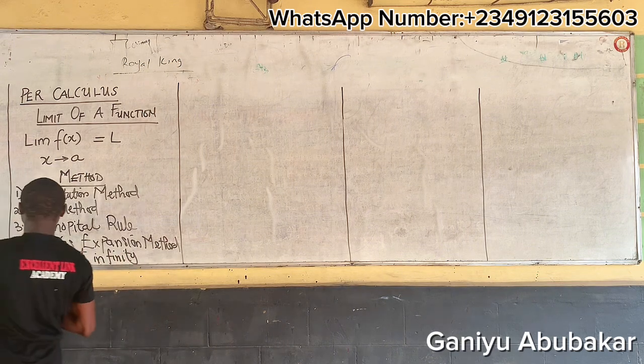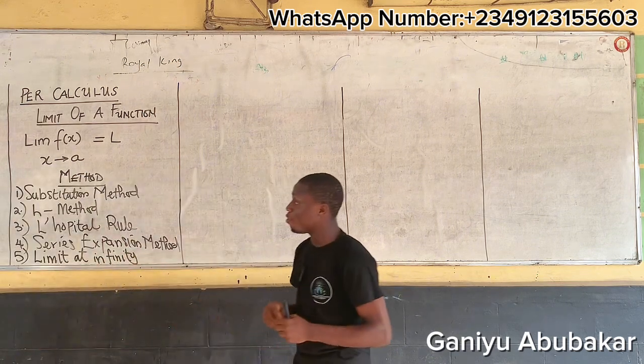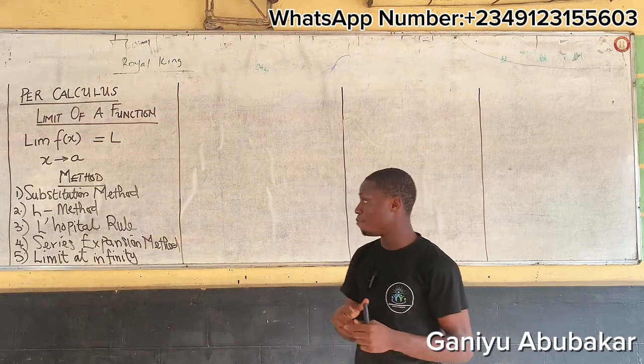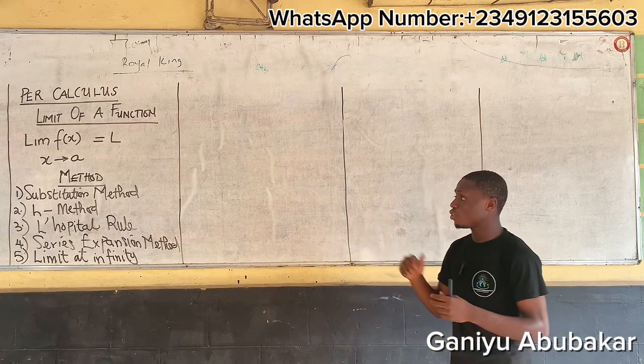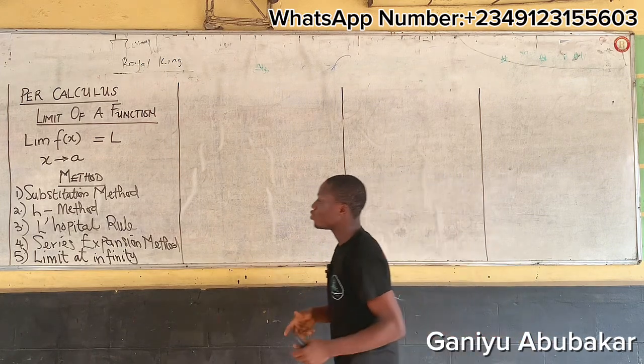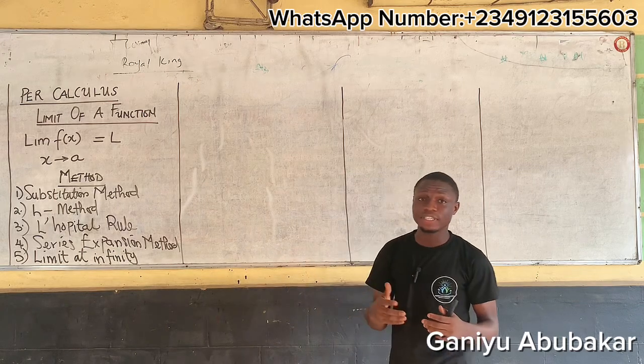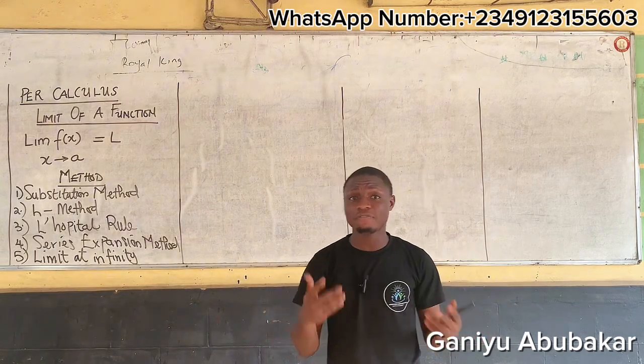These are the several methods involved in evaluating problems when it comes to limit of a function. Substitution method, H method, L'Hospital's rule, the series expansion method and limit at infinity. Let's look at these methods one after the other.